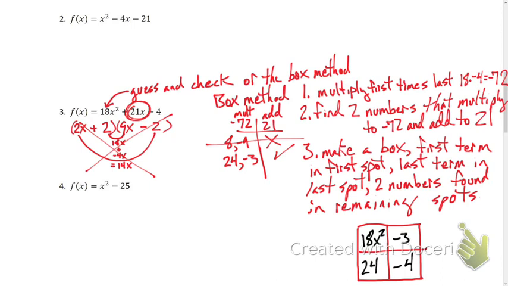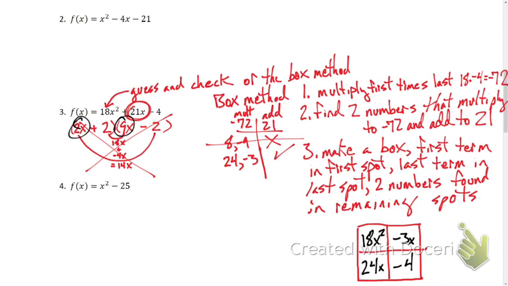Technically, these are supposed to have x's on them. It doesn't matter. You could have flipped 24 and -3. That doesn't matter. But if you're worried about the math, technically they're supposed to have x's on them. I don't really care if you write an x there. But earlier, I tried 2x and 9x, and the reason why that didn't work, even though it looked like it would work, is because I can't write a 2 here or a 9 to multiply and get -3.